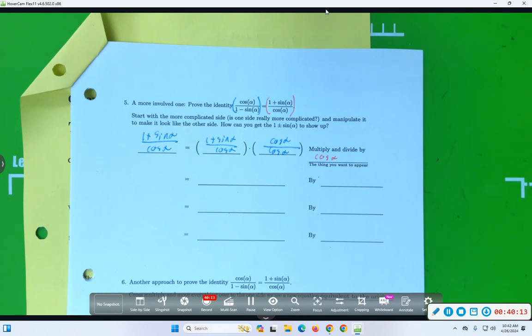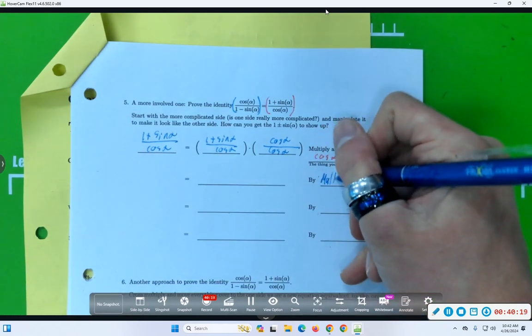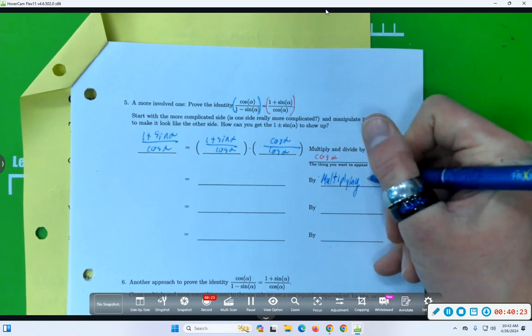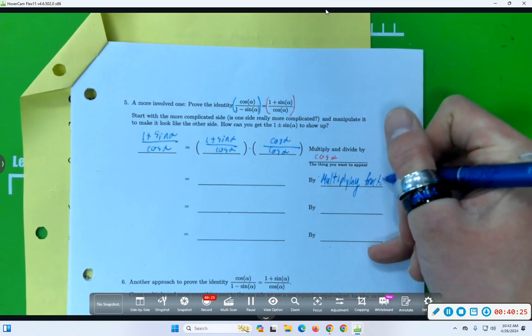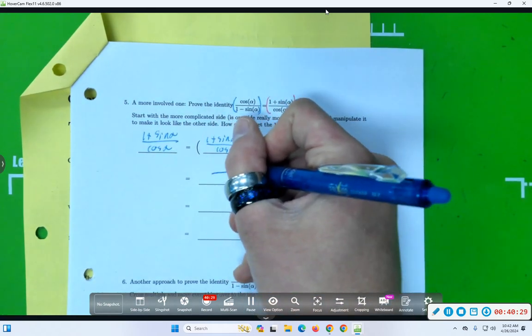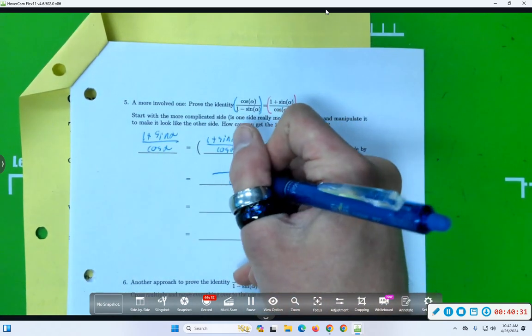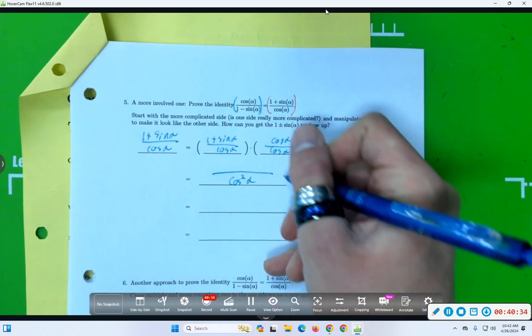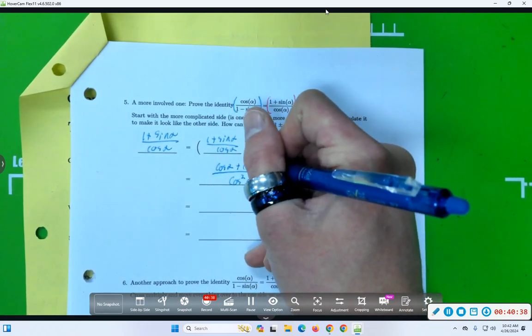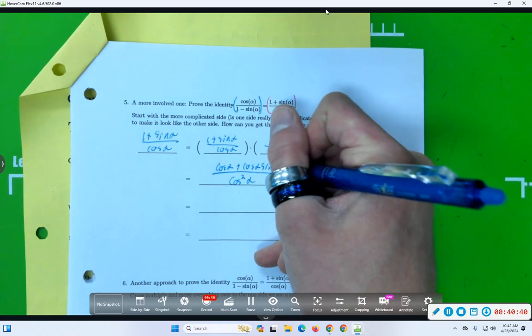Let's multiply some fractions together. And I guess there's some work you need to do, but whatever. Let's multiply these fractions. To multiply fractions, you just multiply the numerator and multiply the denominator. So the denominator is cosine squared alpha. The numerator is cosine alpha plus cosine alpha sine alpha.